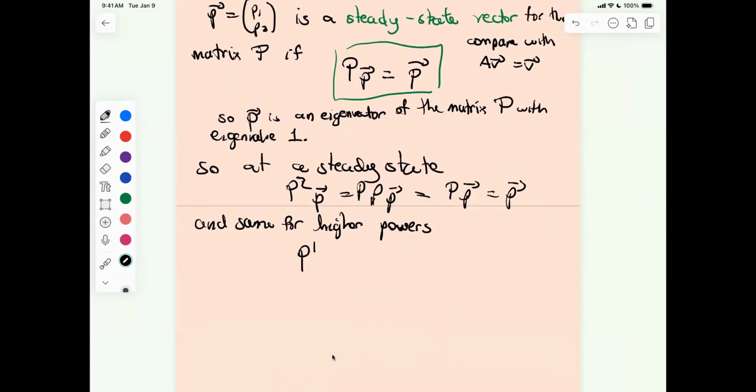P to the T equals P. So if you start the market with the initial populations having those probabilities, then nothing changes over time. The market starts in equilibrium and stays in equilibrium. It's an equilibrium point, like in economics.